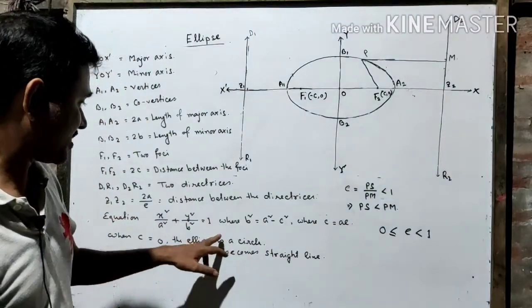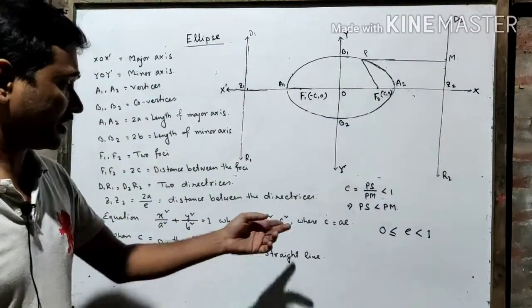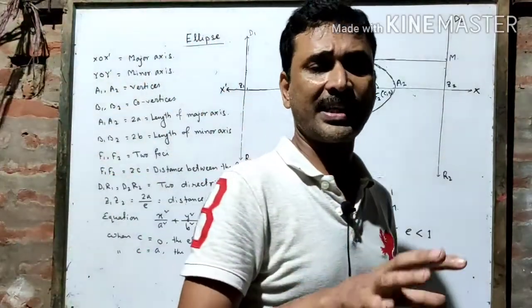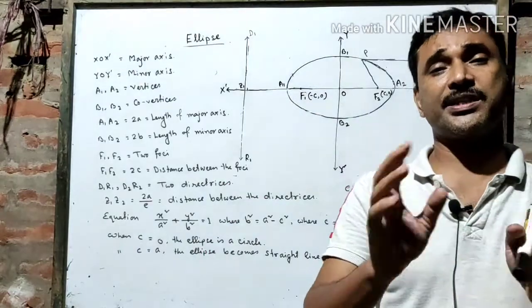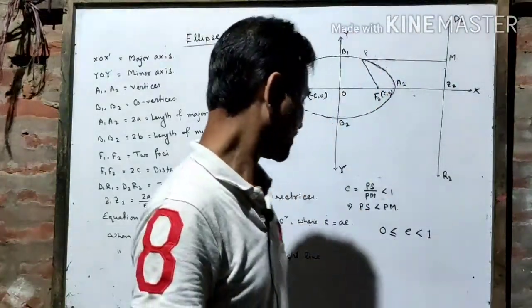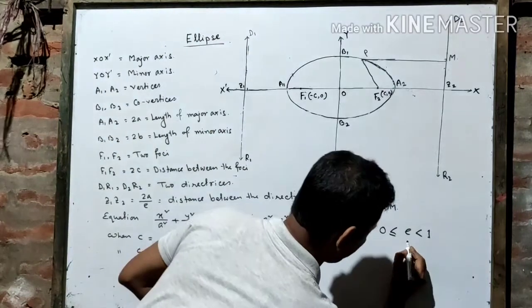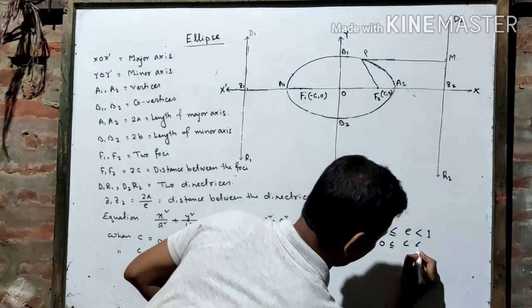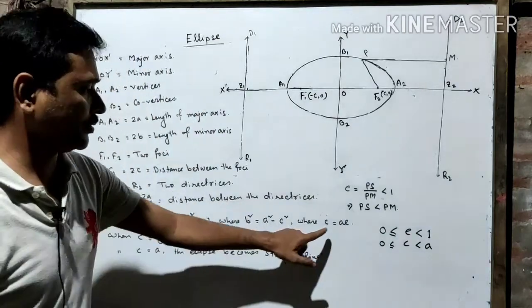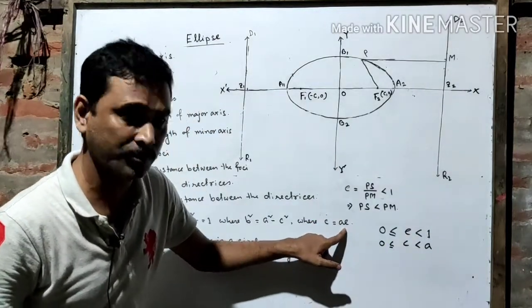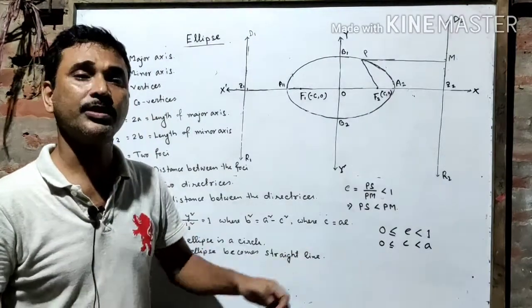As we have c here, c depends upon E. As E varies from 0 to 1, c must vary from 0 to A, because c is equal to ae.